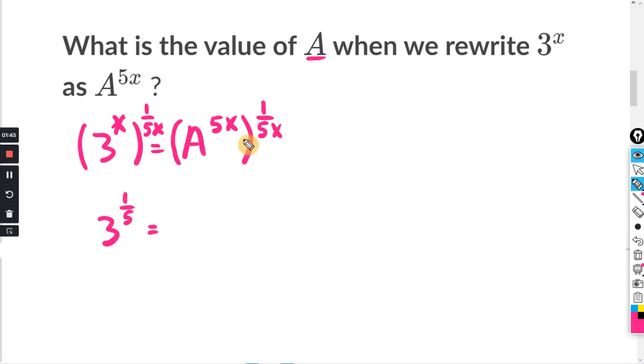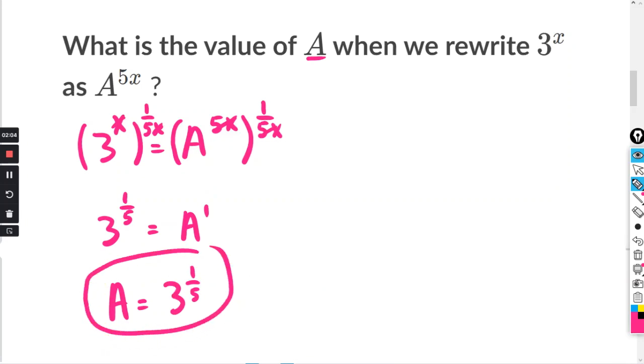On the right-hand side, 5x over 5x cancels, and you're just left with a to the 1st power. So that's basically it. a equals 3 to the 1/5. Nothing you can really do with that. You can't take the 5th root of 3, so you leave it as such.